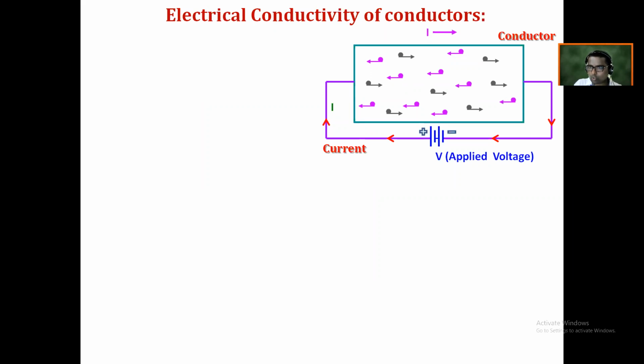If these electrons at the negative end move towards the positive end, definitely during their travel, get my point, so many obstacles these free electrons will have to face. And these obstacles are nothing but other atoms, other molecules, other free electrons.